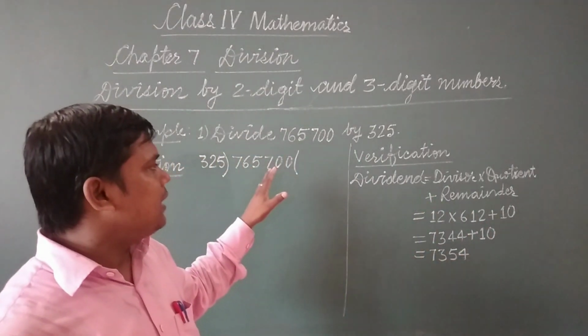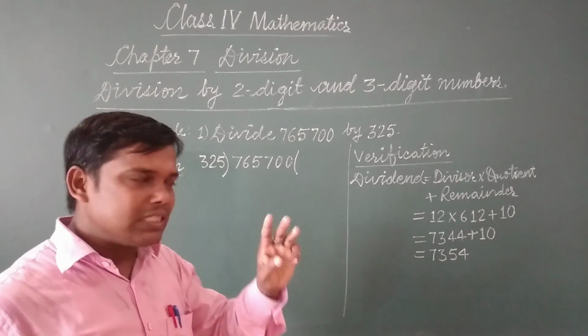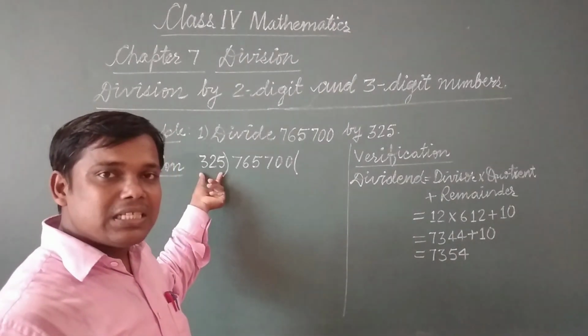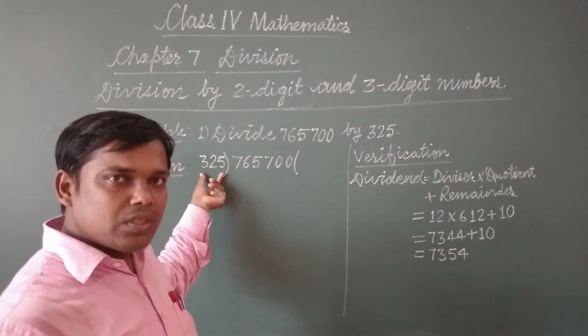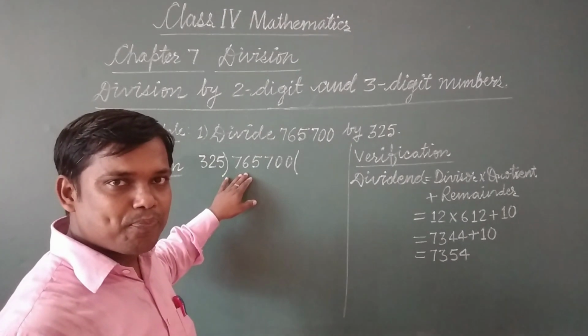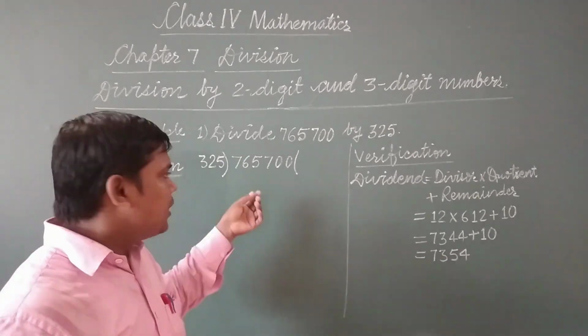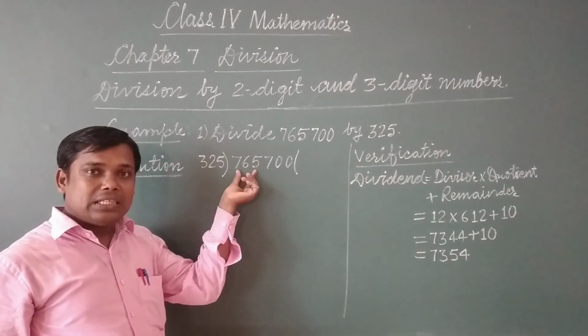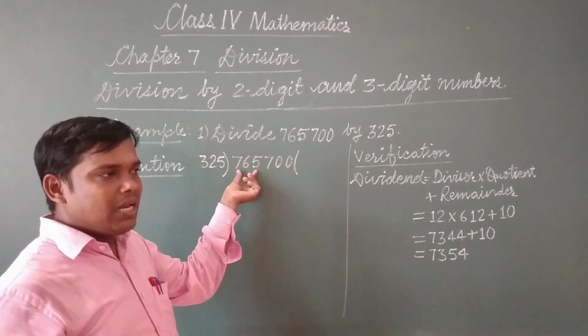Here also we take 3 digits, as we are going to divide by a 3-digit number. So we take the extreme 3 digits from the dividend.